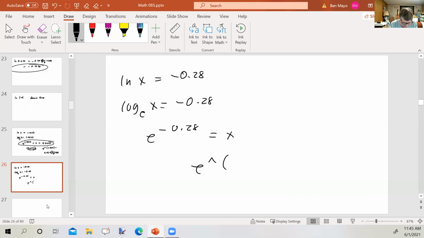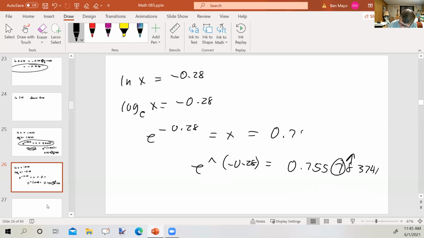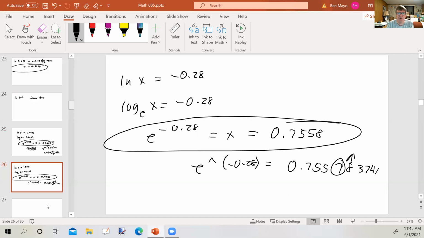I'm going to put in negative 0.28, close it up, push equals. We get 0.755783741. The 7 is the fourth decimal place, the 8 rounds up, so we get 0.7558 as our answer for x.